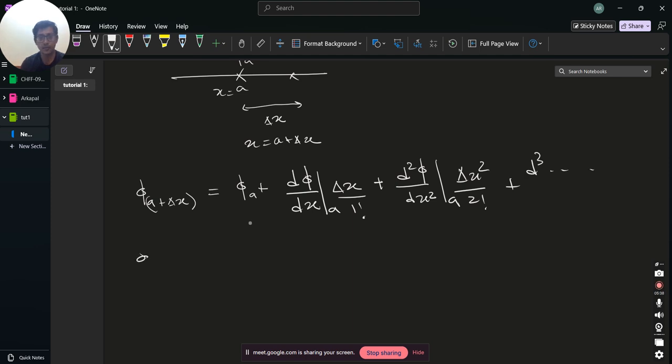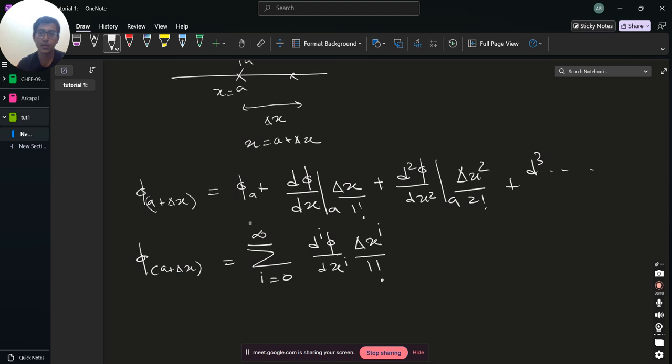So in general form we can write something like this: at a plus delta x we can write a summation of i from 0 to infinity, d^i phi/dx^i, delta x to the power i by i factorial.